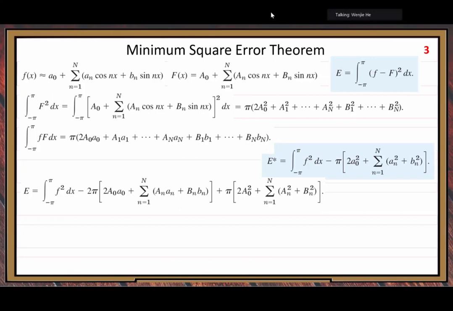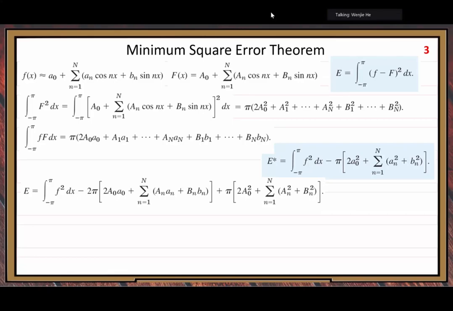We want to show capital E is greater or equal to capital E star. So we need to have some target in our mind. Otherwise, we cannot go to the next step.